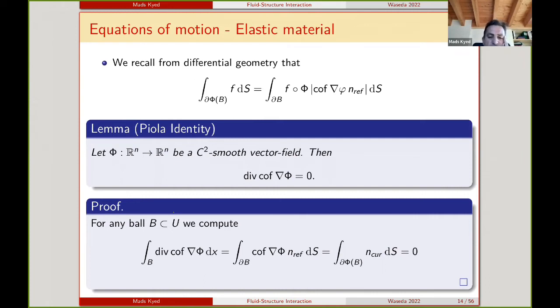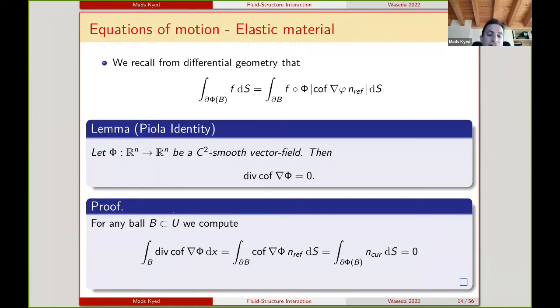Okay, but now we change coordinates, going from the reference configuration, the surface of our ball, into the surface of the deformed ball using the change of coordinate formula above.